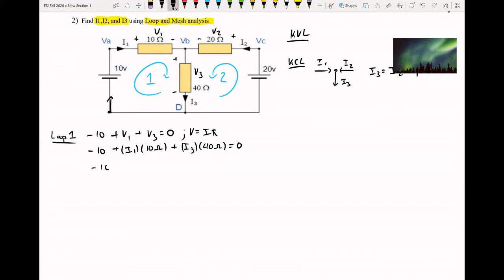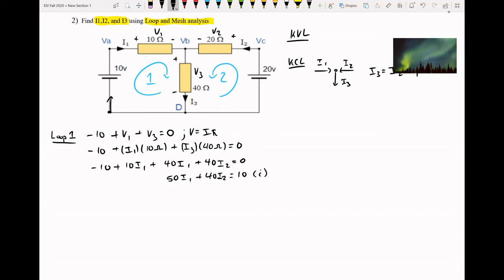So we'll do -10 plus 10 I1 plus 40 I1 plus 40 I2 is equal to 0. And this should give us 50 I1 plus 40 I2 is equal to 10. Okay, and this will be our first equation.